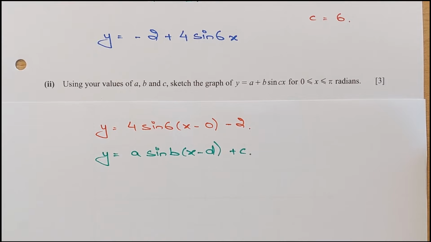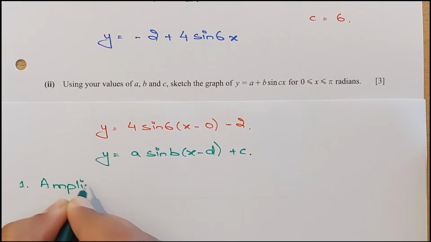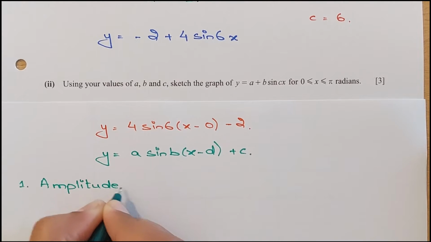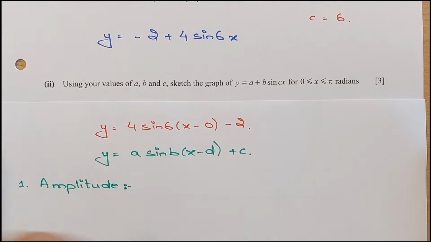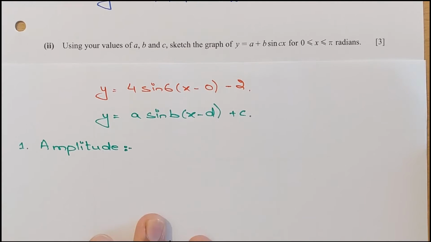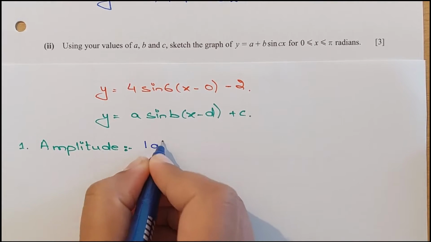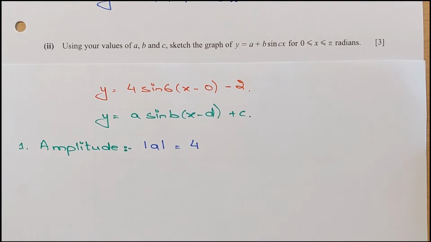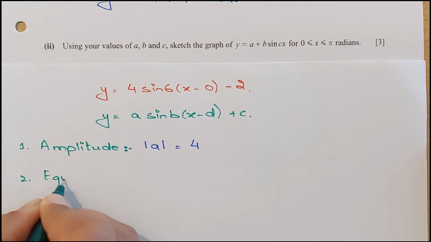Right. So the first thing we need is the amplitude of the graph. Amplitude is the absolute value of a, and if I compare this, it equals 4. This is the amplitude.